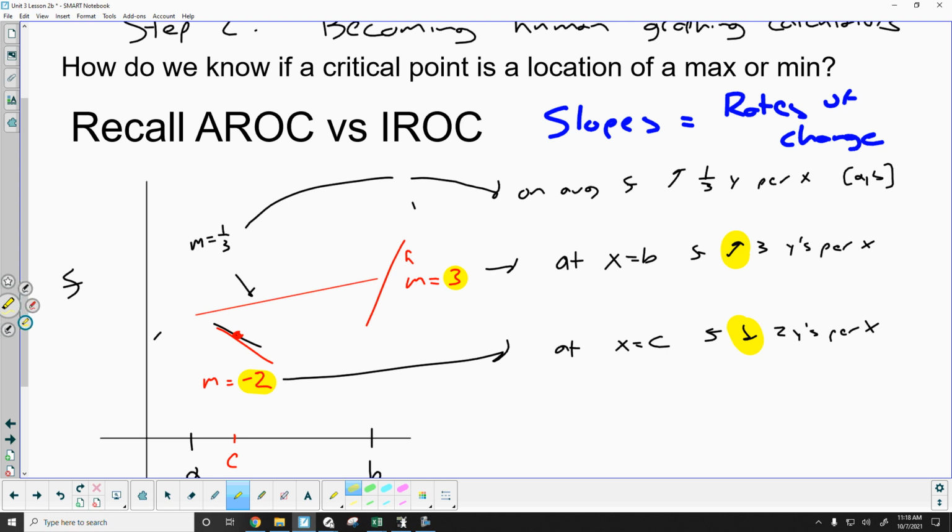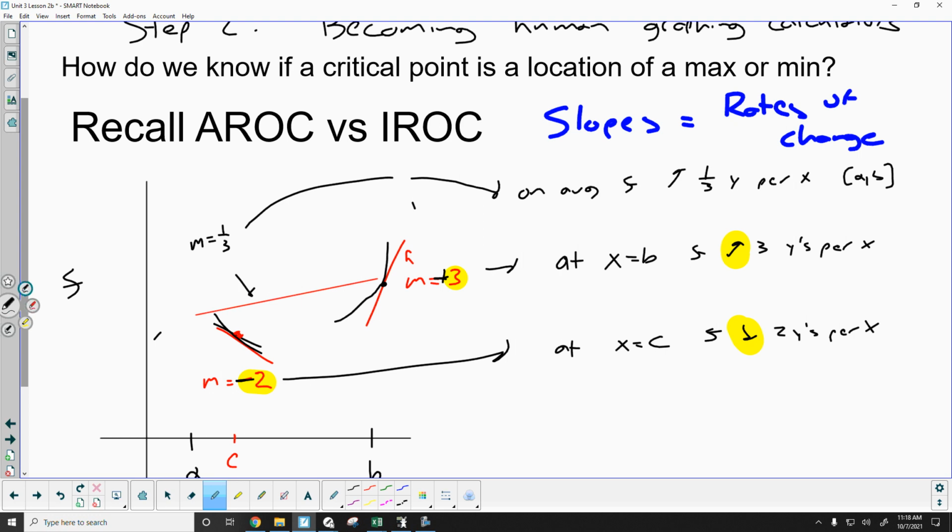That's the question. The positive slope means we must be going up, so that the slope is positive. The negative slope means we must be going down to have a slope that's negative.